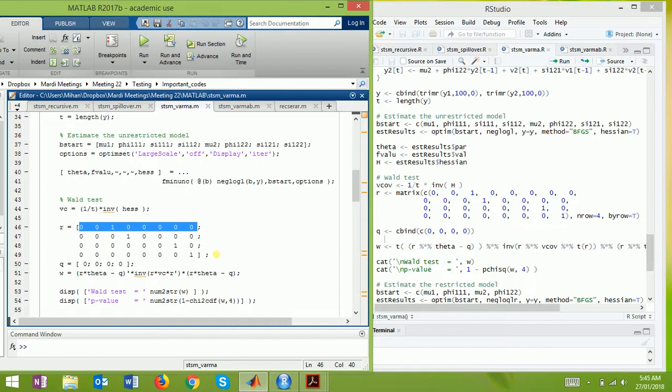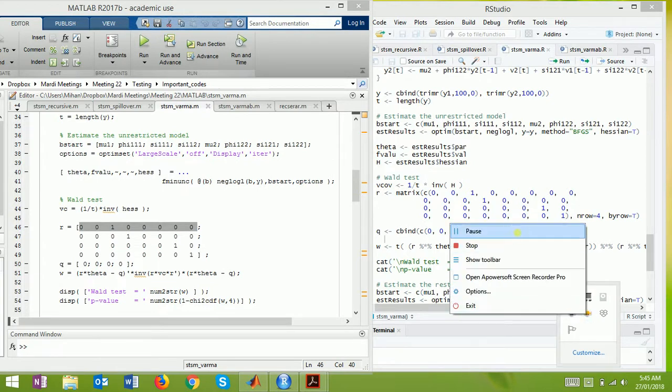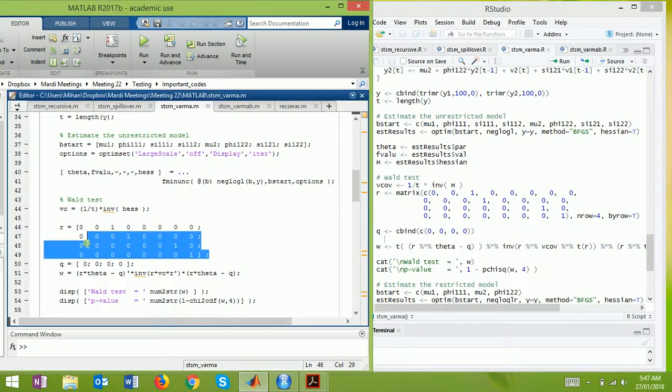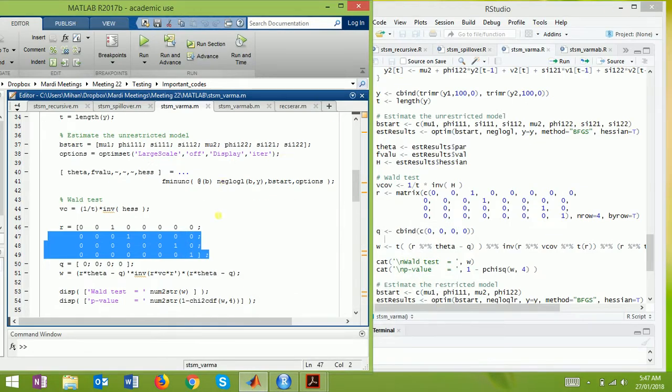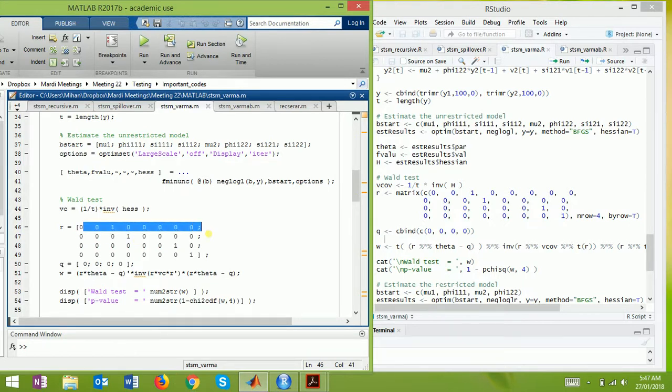The equation was, let me revise that again. An easy way to do this Wald test is to look back to our question where we are testing for 4 moving average coefficients, the moving average parameters. An important thing is that we need to write down the system of equations with each moving average representation repeatedly, right?